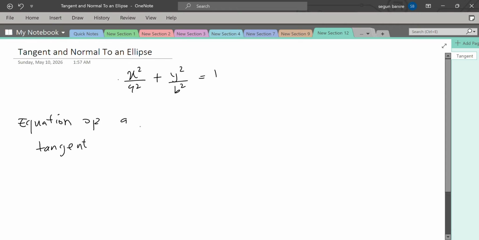So the equation of a tangent to an ellipse is given as: anywhere you see x, change it to xx1 over a squared. Anywhere you see y, change it to yy1 over b squared is equal to 1. Okay, so this is now the equation of a tangent.